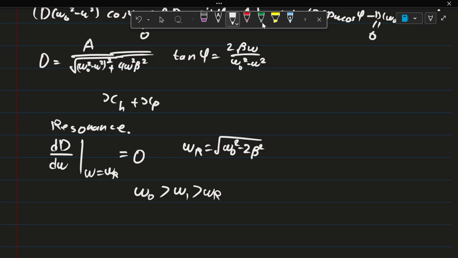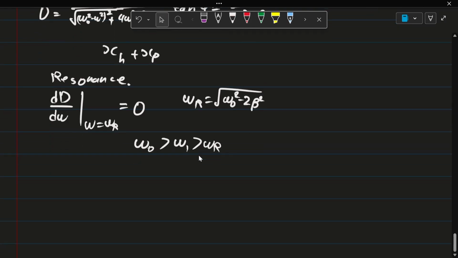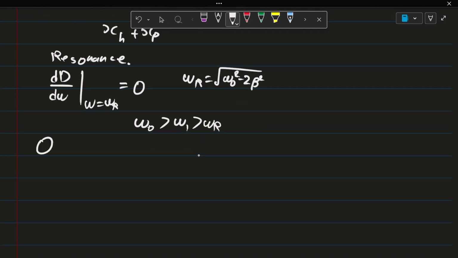So we can denote how good the damping is using something we call a quality factor. The quality factor is defined to be the resonant frequency over 2 beta.